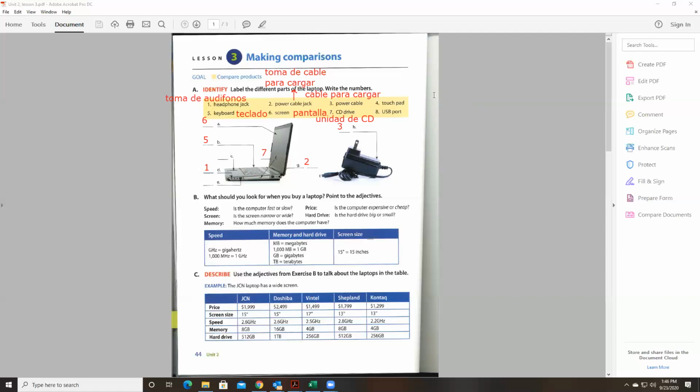Number 4, touchpad or panel táctil. And we know that is C. Our last one, number 8, I have USB port. Puerto USB. That is E right here.